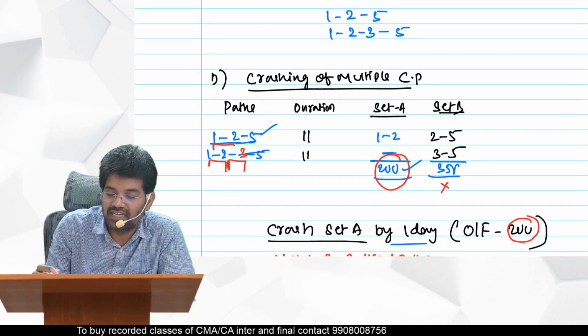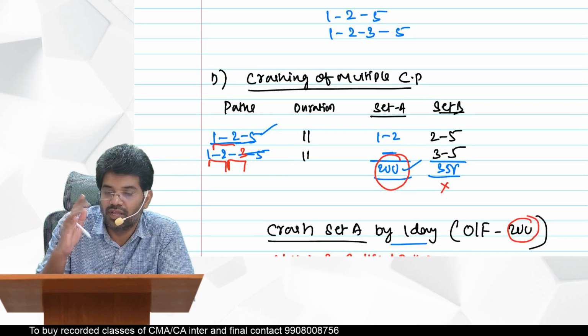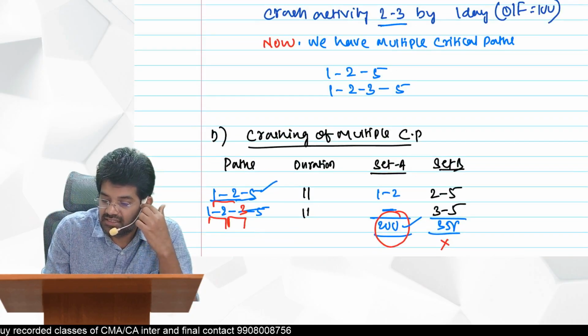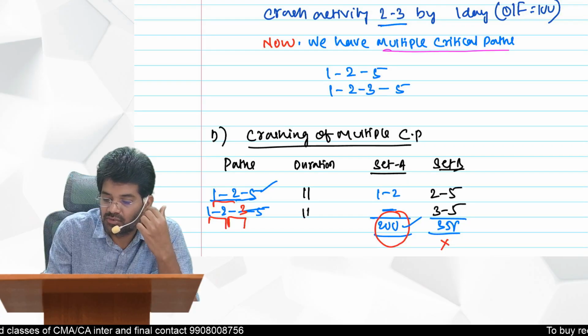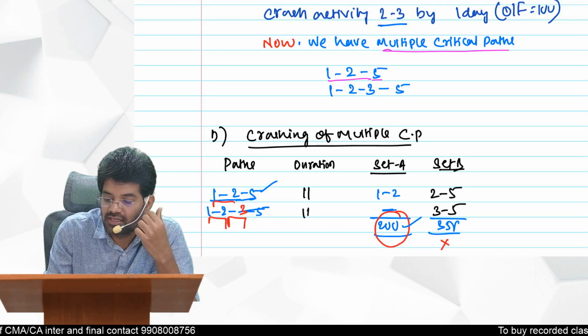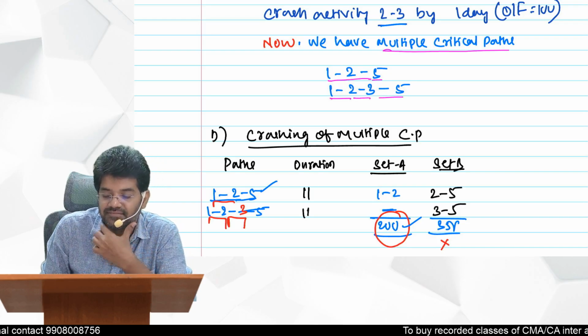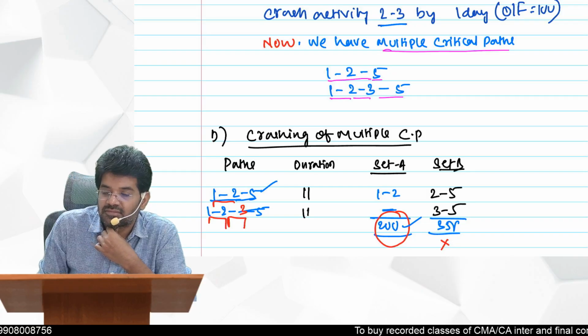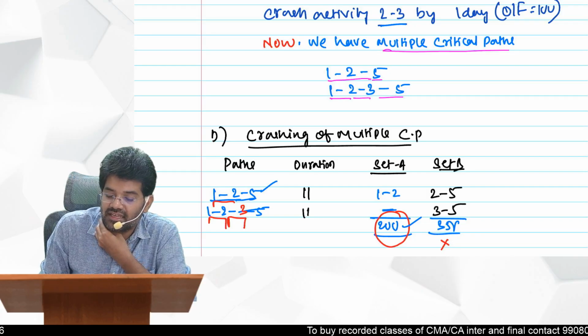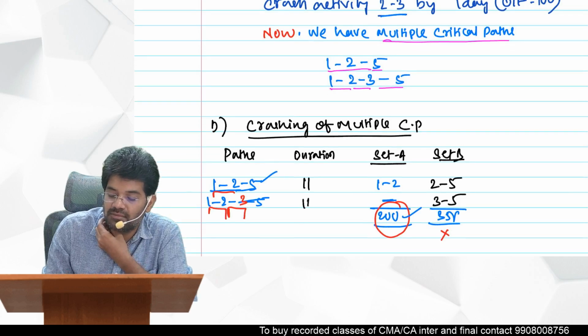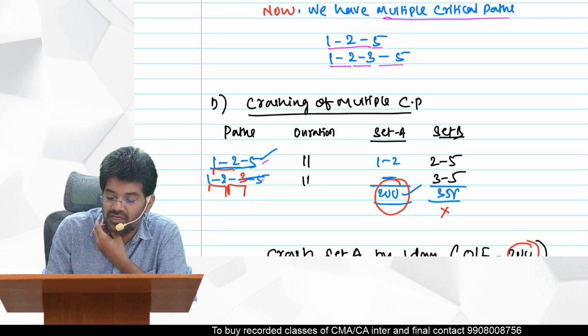After crashing 2 to 3 by 2 days, we are getting multiple critical paths. What are those? 1 to 2, 2 to 5, and 1 to 2, 2 to 3, 3 to 5. Two critical paths, each with duration 11.